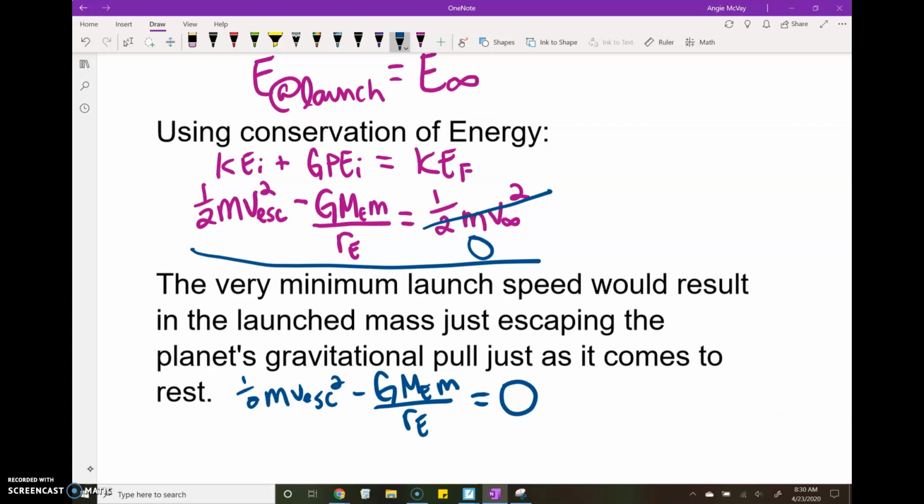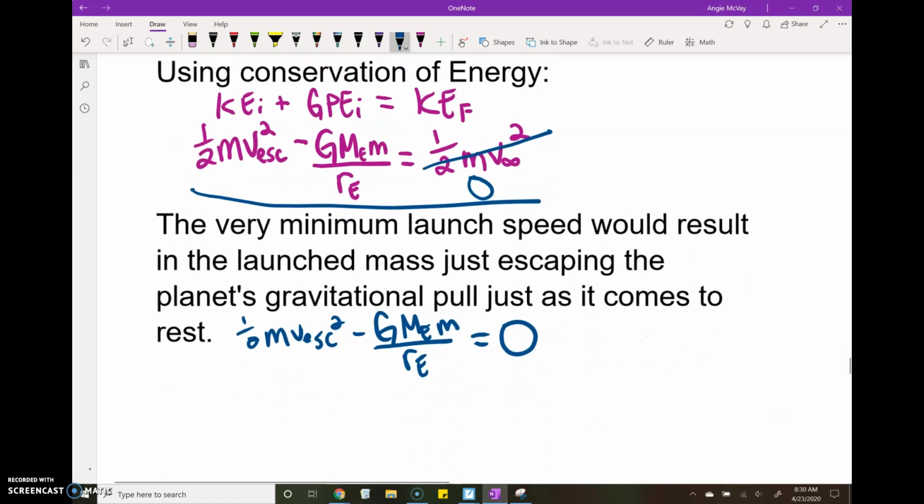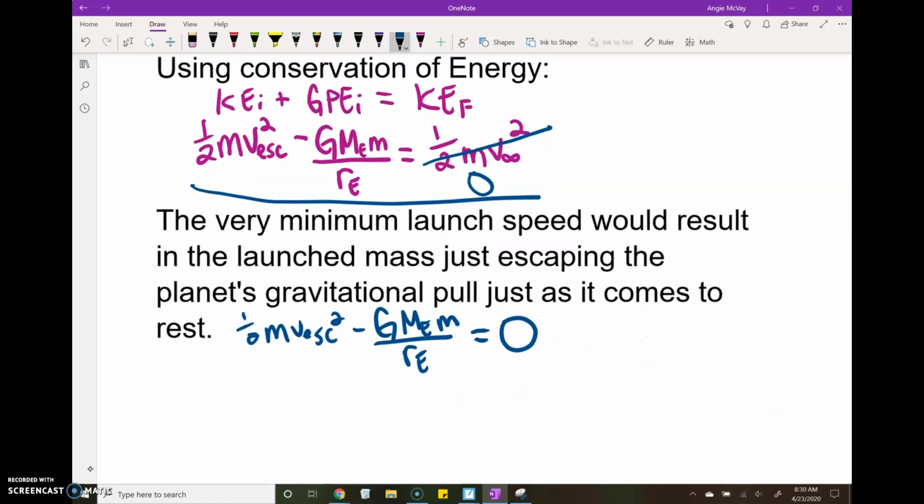At infinitely far away, no gravitational pull, no gravitational potential energy. At the minimum required to get out of the Earth's gravitational pull, your object will just have 0 speed at that instant. And so 1/2 m times v escape squared equals the gravitational potential energy, G M m over the radius of the Earth.